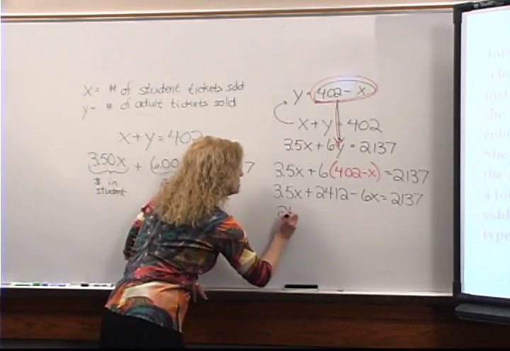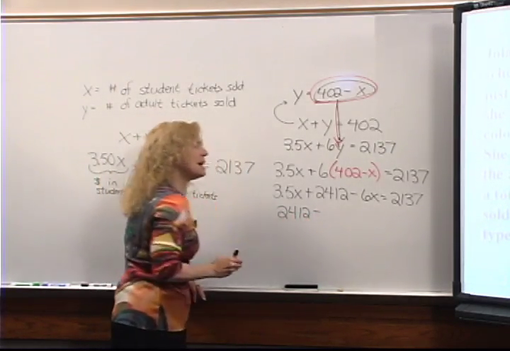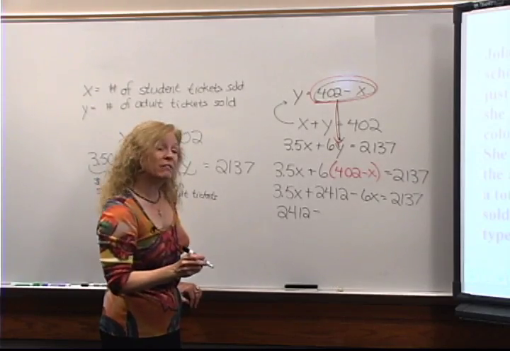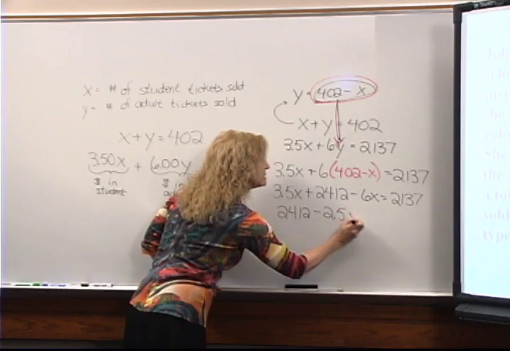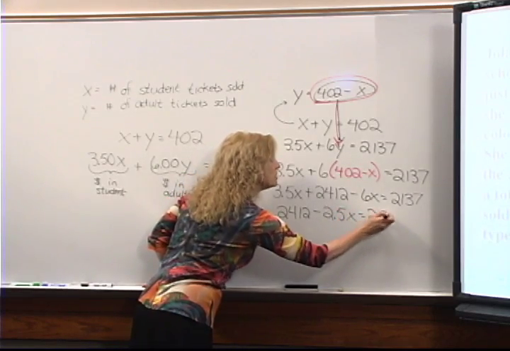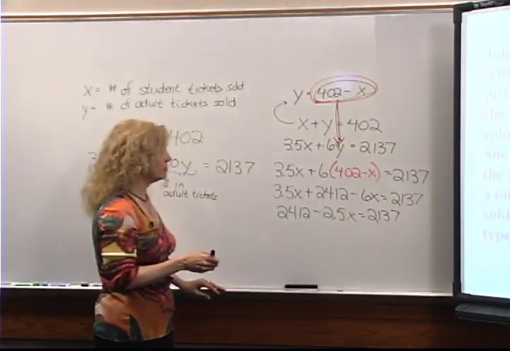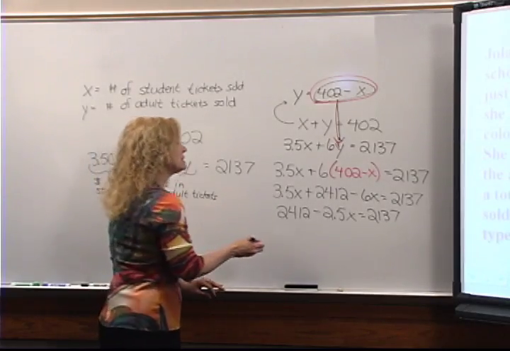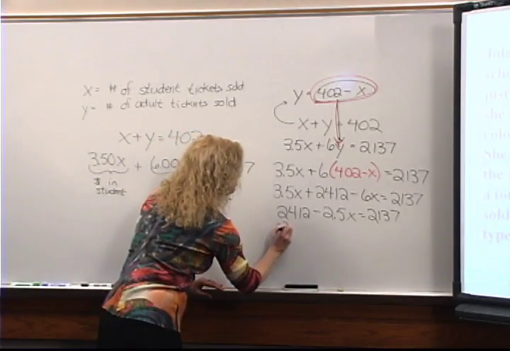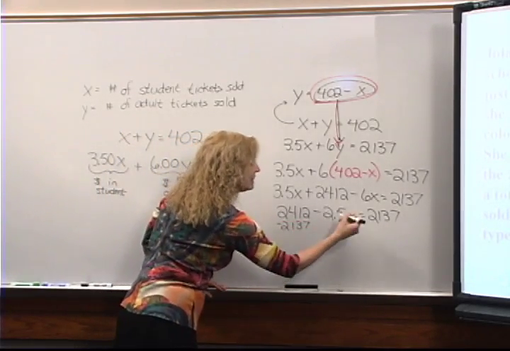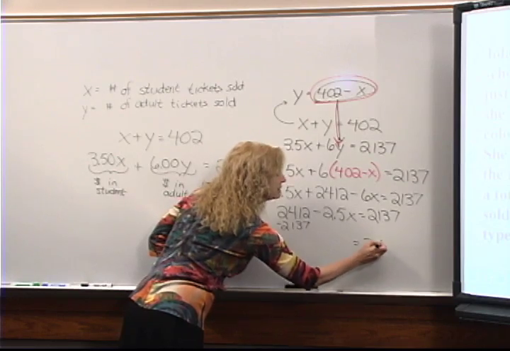So we have 2412 minus, what, 2.5x when we combine our like terms here. 2.5x is equal to 2137. So I would subtract the 2137 across and add the 2.5x across.